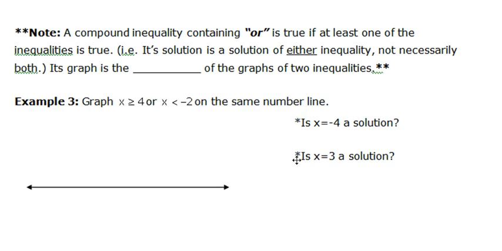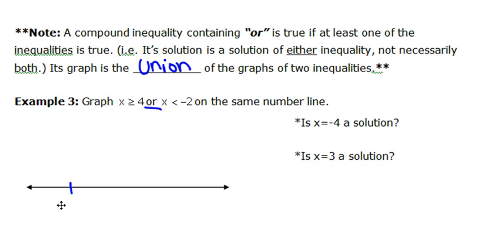Now, or inequalities. This one is true if at least one of the inequalities is true. So that means one or the other or both. Its graph is actually called the union of the graphs of two inequalities. So this one says graph x is greater than or equal to 4, or x is less than -2 on the same number line.